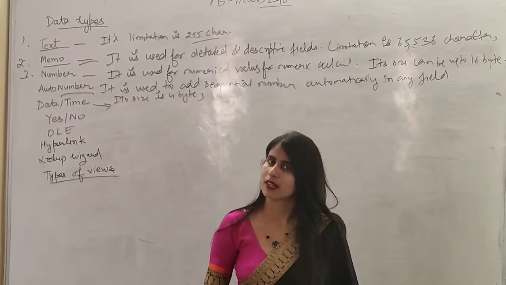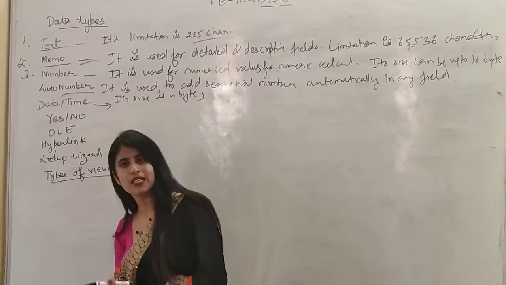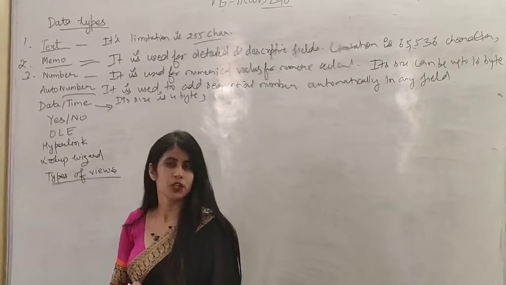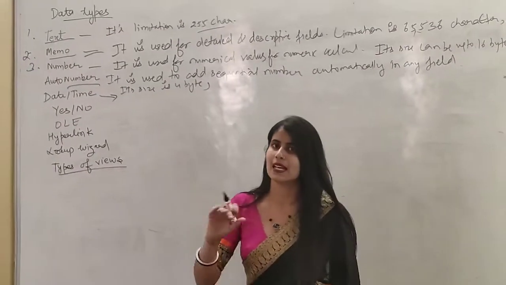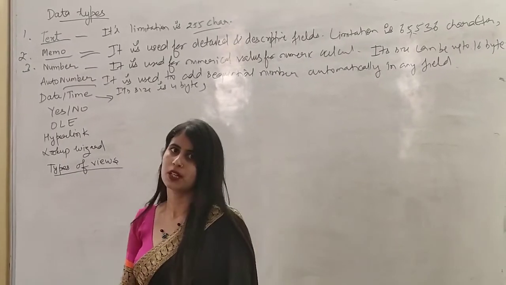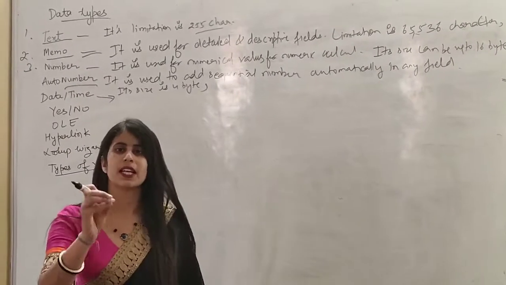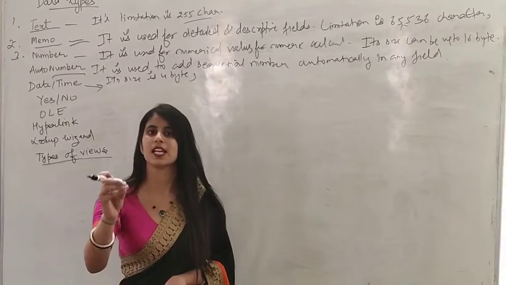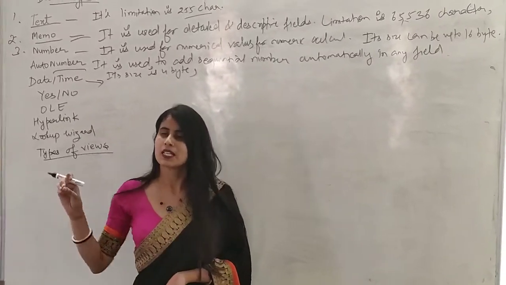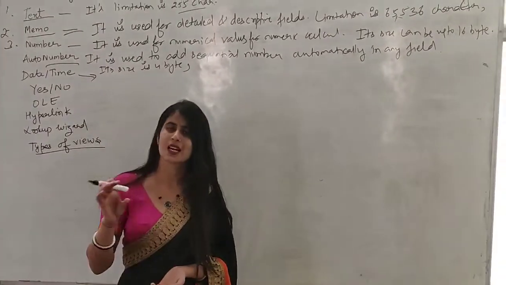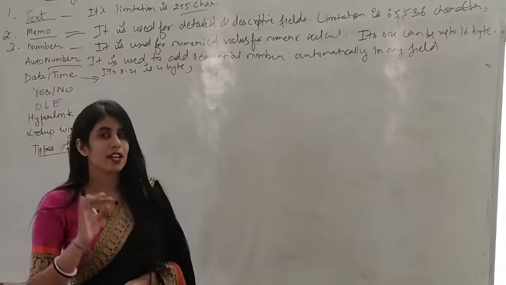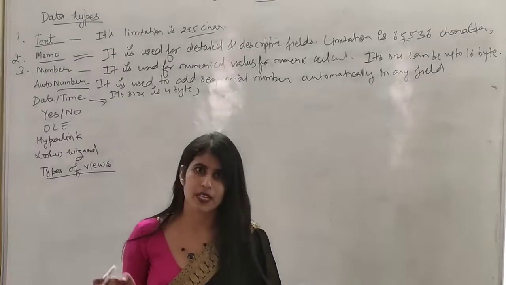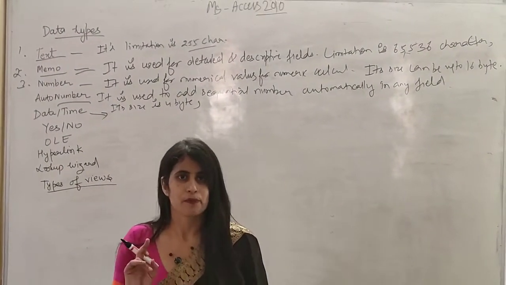We know what is date and what is time, but there are a few fields that we use to enter the date and the time. Suppose a student has taken admission in our school. So what is the date of admission? What is his date of birth? At what time did he start the classes? These are the details that we use in a table, and the data type that we use for it is date and time.